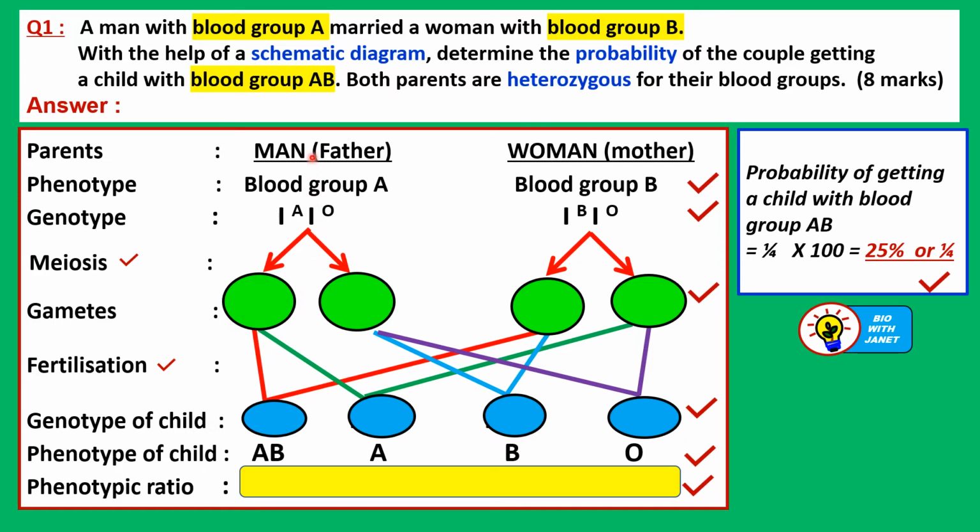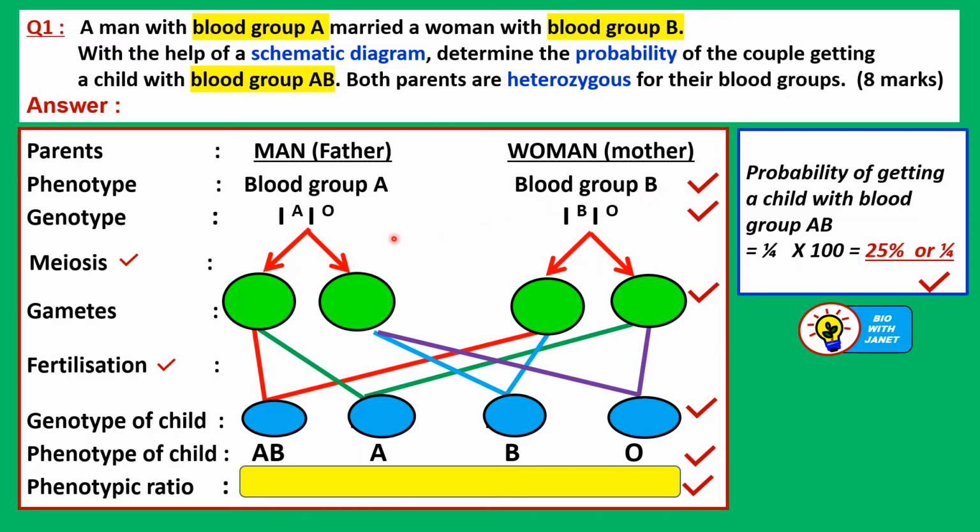And then on the right side, you write down first the parents are a man and a woman. The man has blood group A, so the phenotype of the man is blood group A, and the phenotype of the woman is blood group B, right?